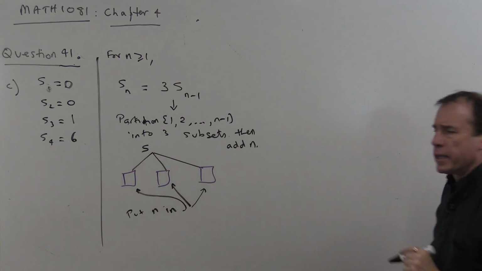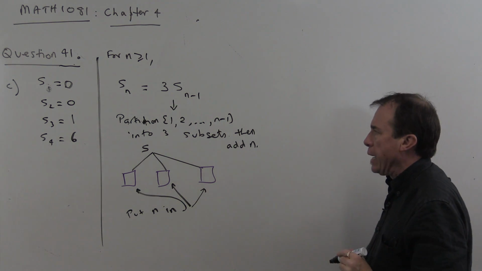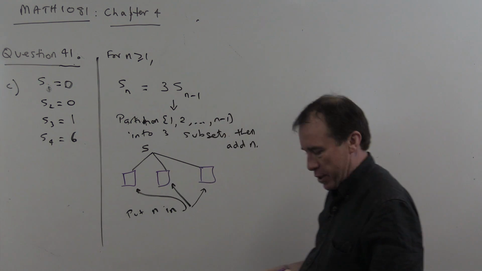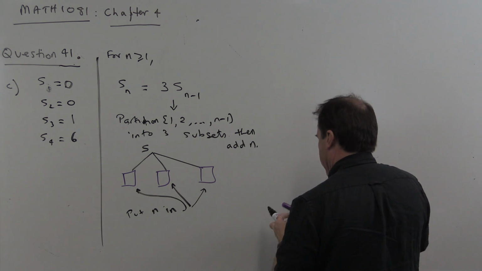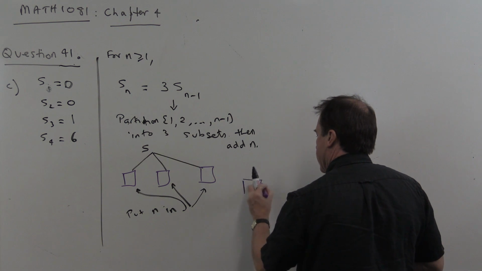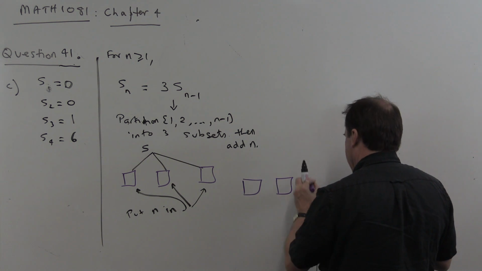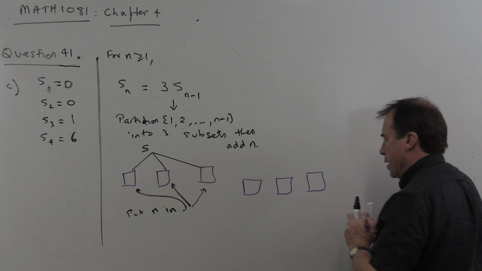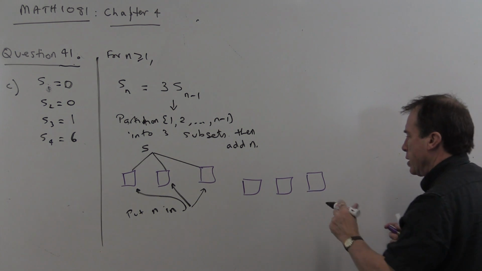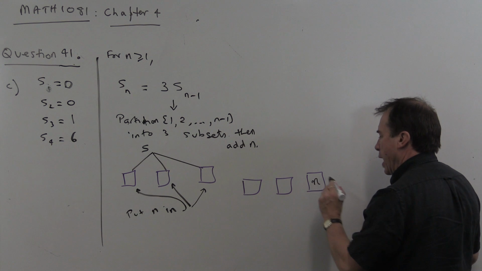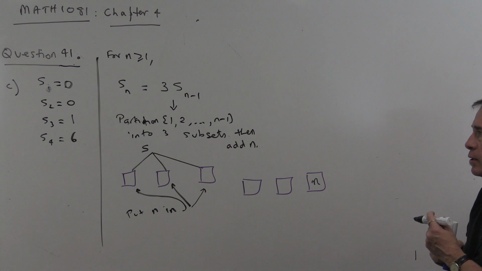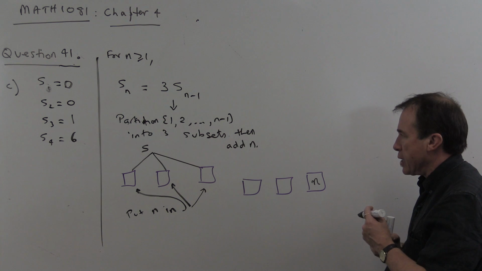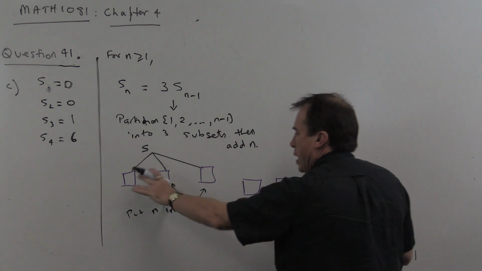Now that, unfortunately, is not the only way in which we can end up with S being split up into these 3. Because we could have ended up with the situation looking like this. This number n might have ended up in this partition sitting on its own at the end. That would still give you a partition of these numbers into 3 disjoint non-empty subsets, but it's not going to occur from here.